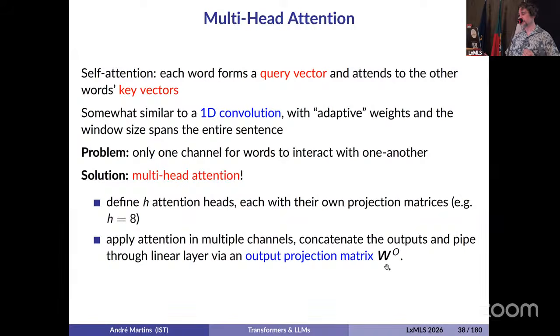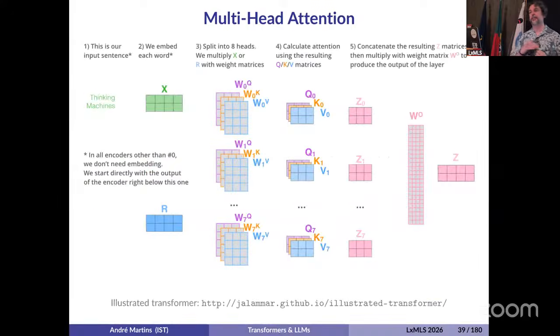So it's easier to understand this with an example. Okay, so let's go back to JLMR's blog. So same sentence, thinking machines. Okay, this matrix X, 2 rows, 1 for each word. So we are going to have 8 heads. So this means that we are going to have 8 triples of queries, keys, and values weight projection matrices.